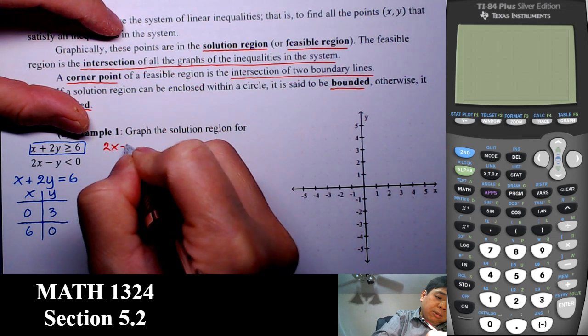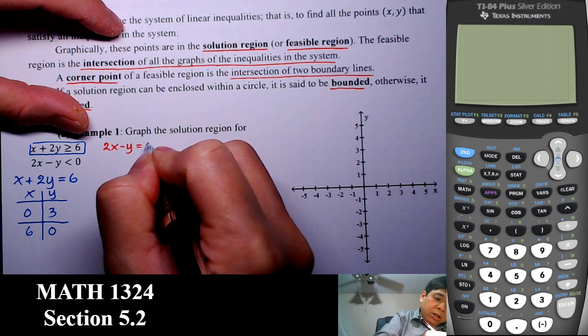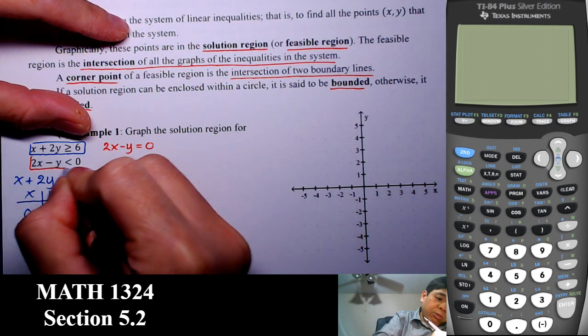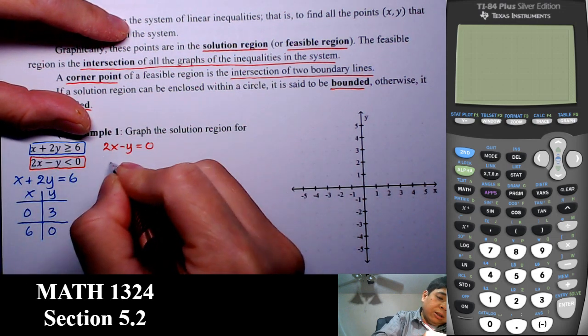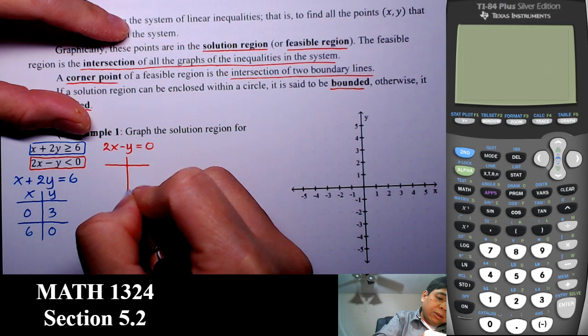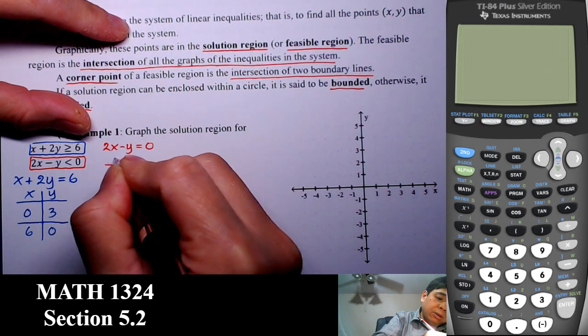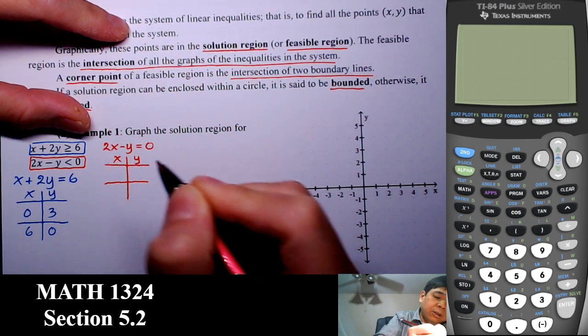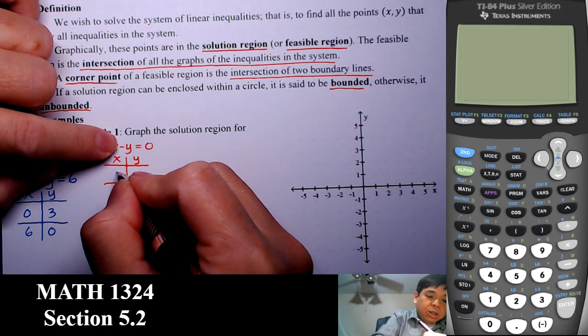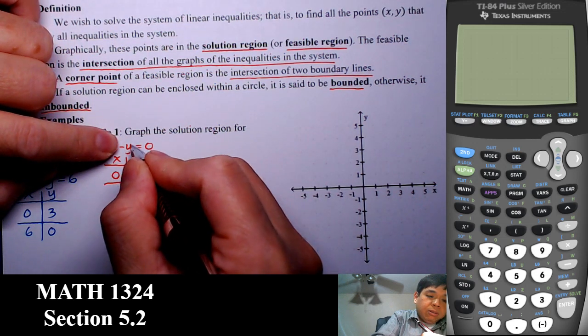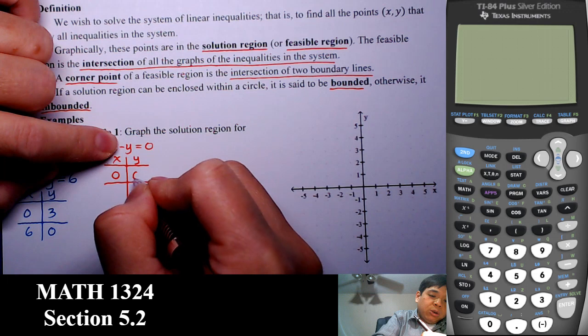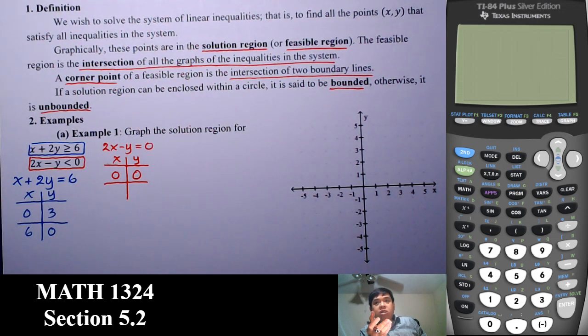2x minus y, less than 0, so again make it equal to 0. When x equals 0, then negative y equals 0, so y equals 0. So obviously we have the point 0, 0 here.